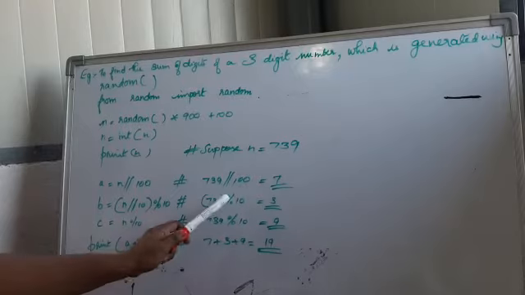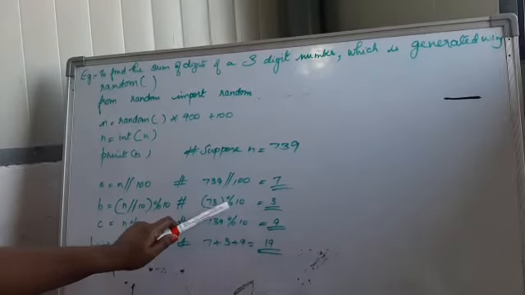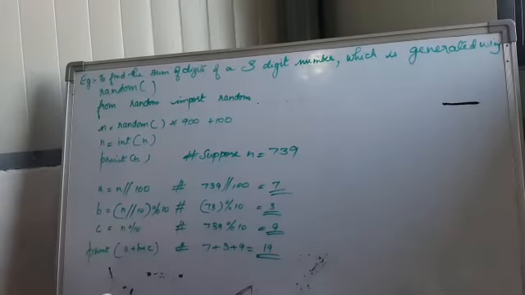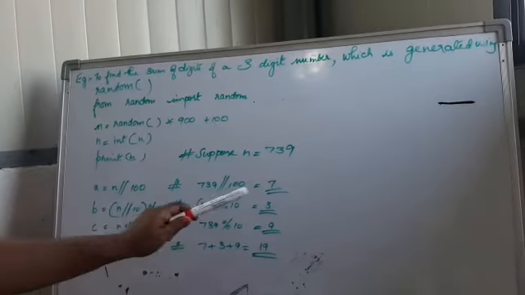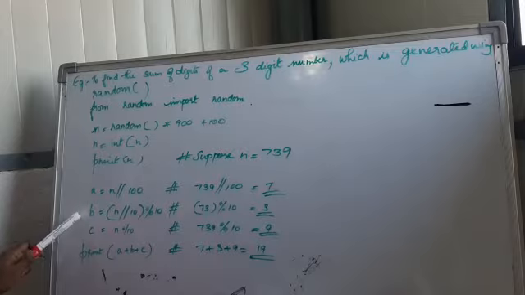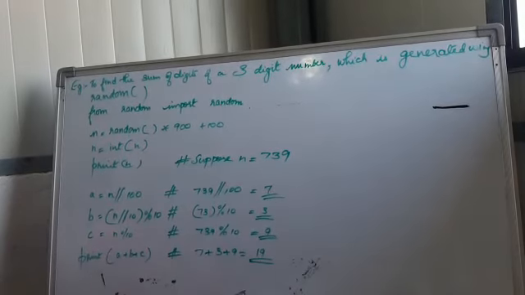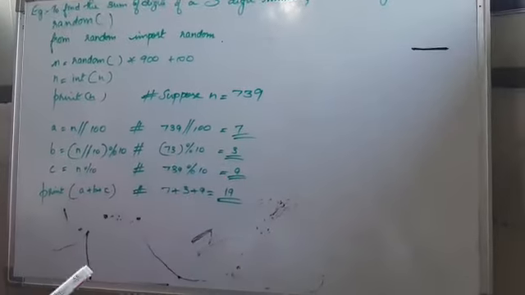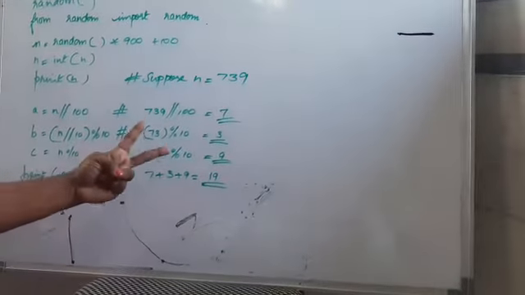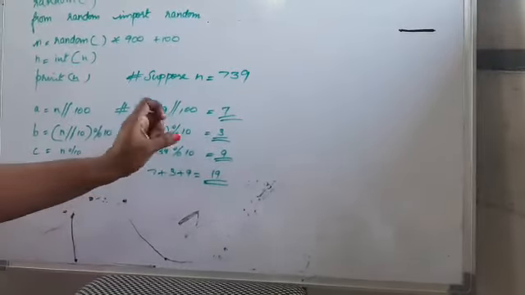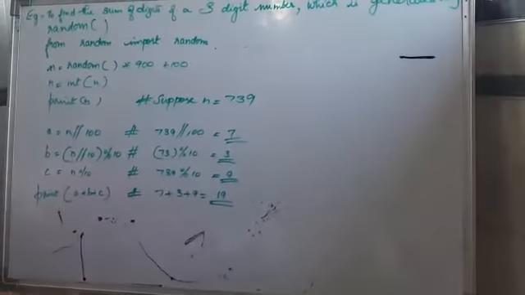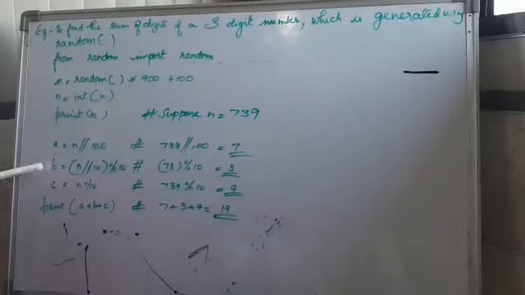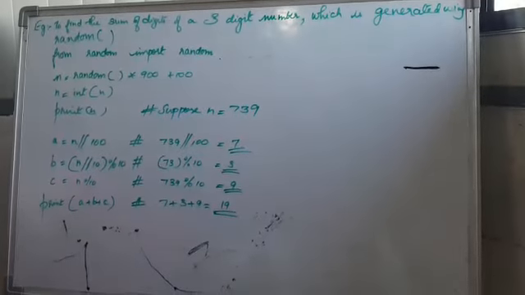For that we are using the modulus operator here. So you will get just 3, that means the middle digit. That number is going to get assigned to the variable b. Here we already got an integer value, so on that integer value we do the modulus operator. We are having 2 integer operands, so you will definitely get an integer, and the remainders will always be integer also. So the value 3 is going to get assigned to b.